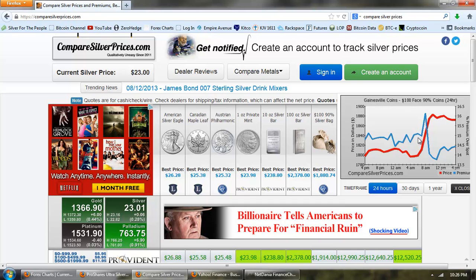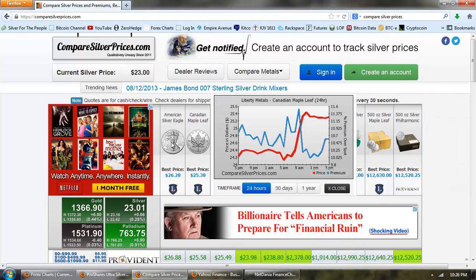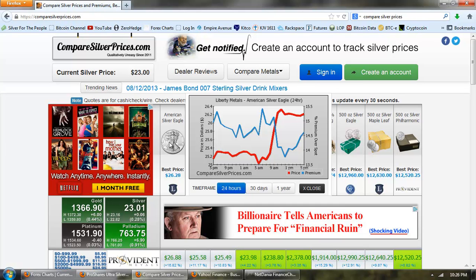What's interesting is as the price of silver spiked and stayed high, the premium percentage dropped, but then started to stabilize and come up. So that actually means that the dollar amount of the premium that you're paying is starting to increase again. You can see the same thing with the Silver Eagles. It took a drop, but then it came back.